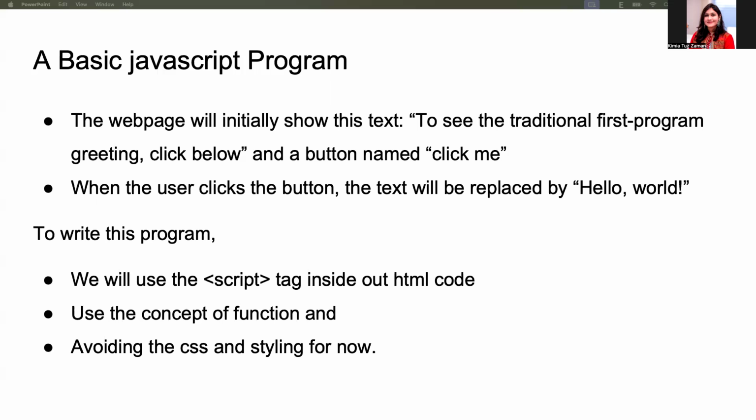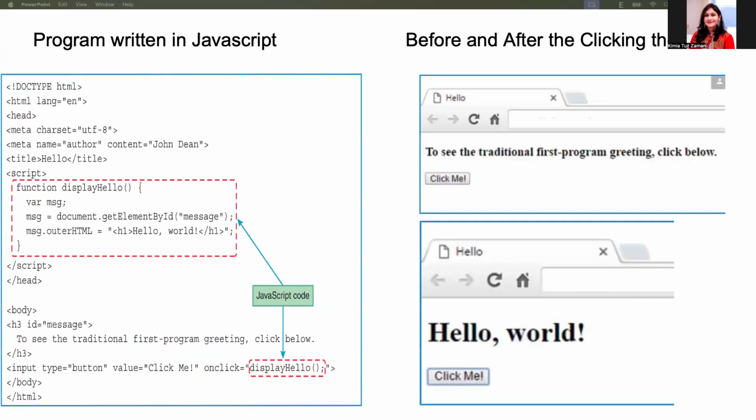We achieve this by writing a small JavaScript function inside the script tag in our HTML code. The function runs when the button is clicked, replacing the original text with the greeting. For now, we focus only on the functionality without adding any CSS or styling here. So this example shows how a simple JavaScript function can update web page content dynamically.